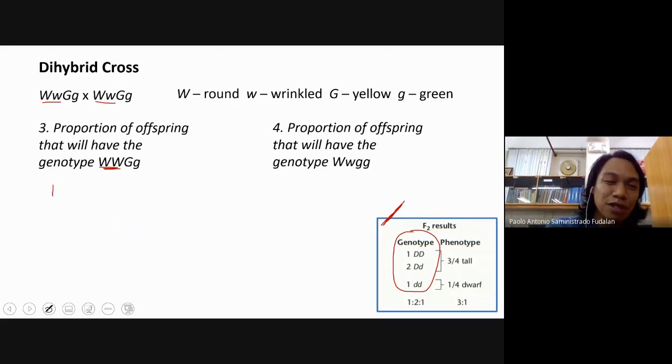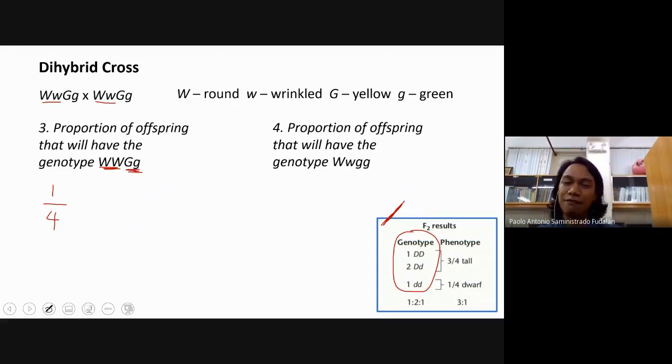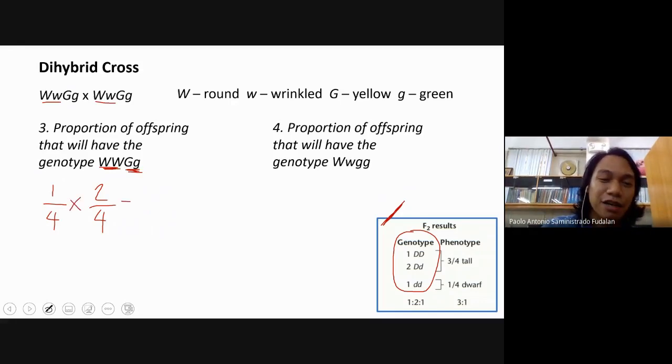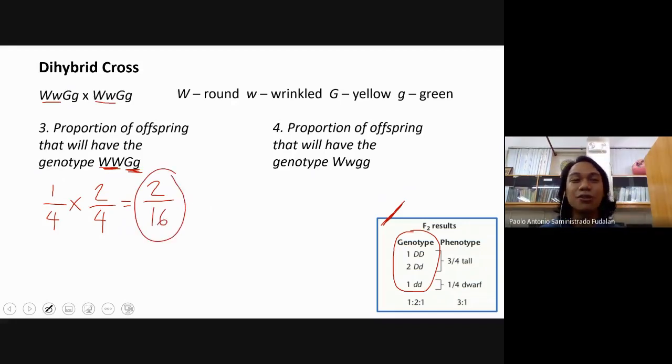So I'm going to put here 1 out of 4 for big W, and then for the other character, big G, small g, if I look at the genotype ratios on my reference on the right, that's 2 out of 4. Because they are happening together, we multiply and then we arrive at 2 out of 16. So this was the answer a while ago, and that is correct.